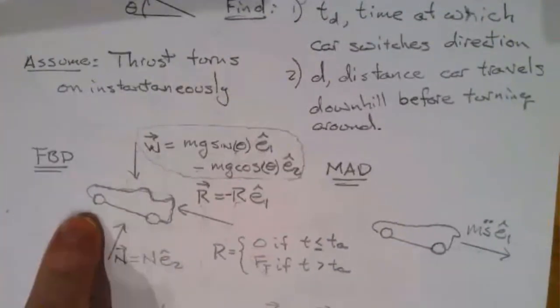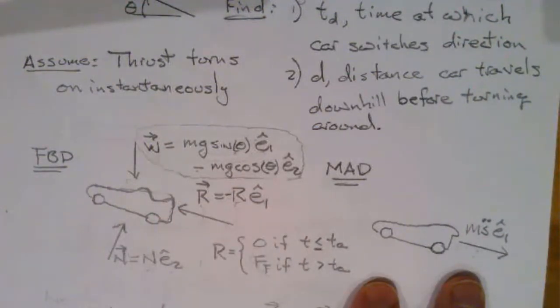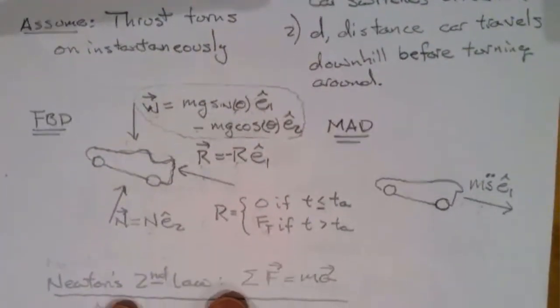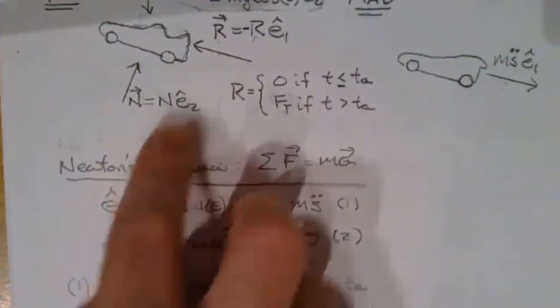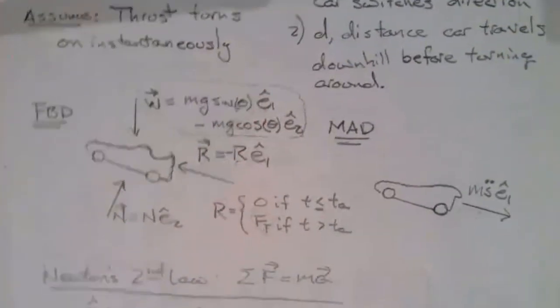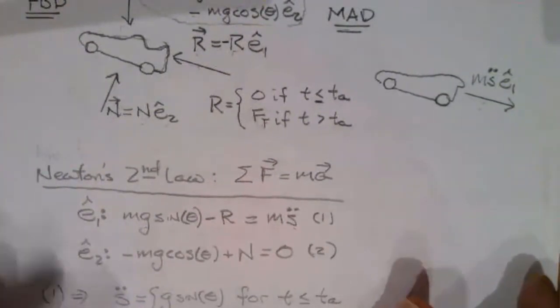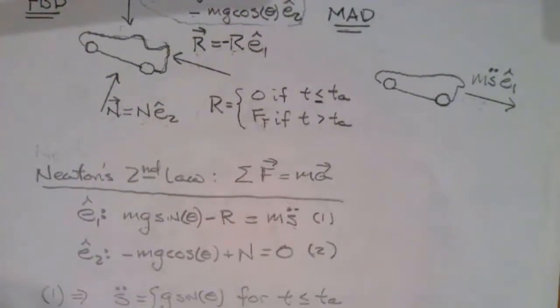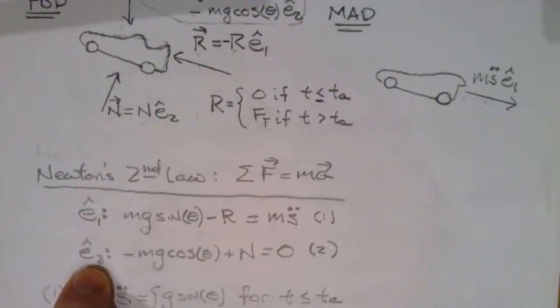Then I went to a free body diagram. And after that, we did a mass acceleration diagram. We did that because we're using Newton's second law to work out this problem. I went back here and decomposed the vectors into components. So I set up my equations of motion by splitting up this vector principal into e hat 1 and e hat 2 components.